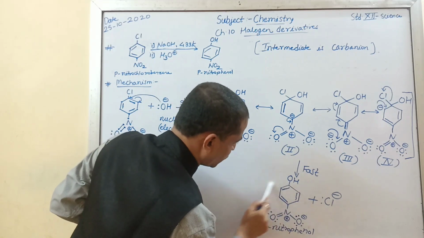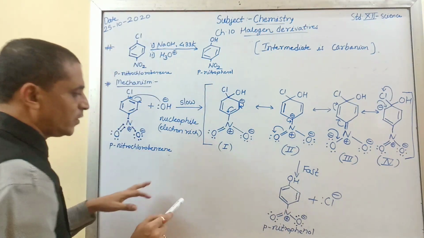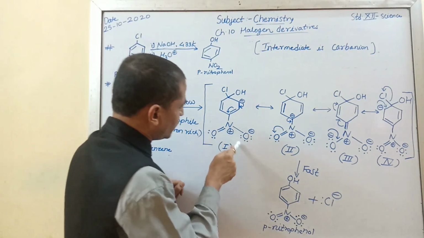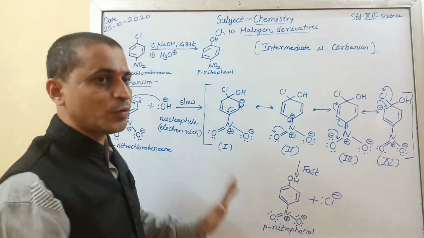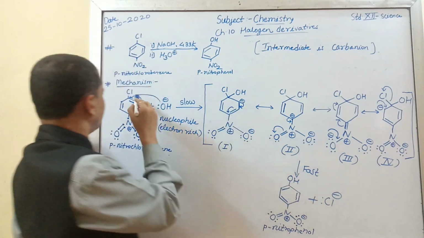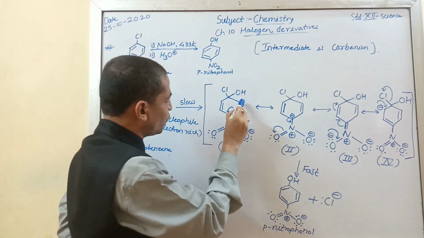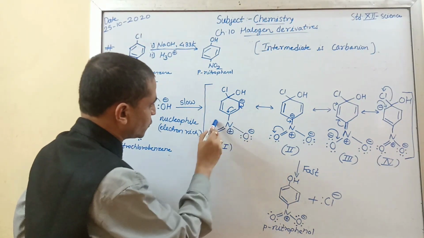There is a change in the position of the pi bond, or we can say delocalization of pi electrons. All these things are very simple to understand because you know how to write down resonating structures. Now see this arrow. So here you get a negative charge. There is no change in this structure.